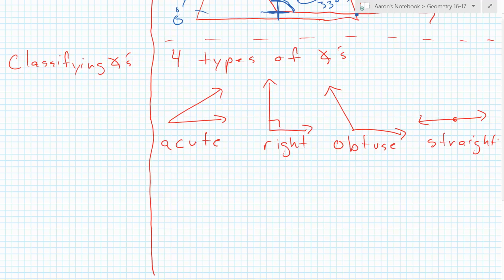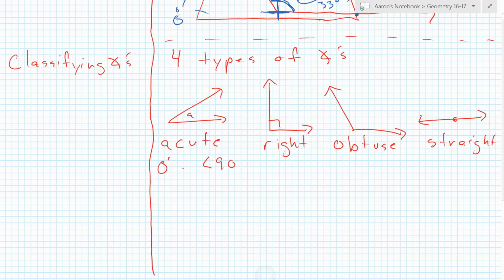Now, acute angles are greater than 0 degrees, but also they are less than 90 degrees.